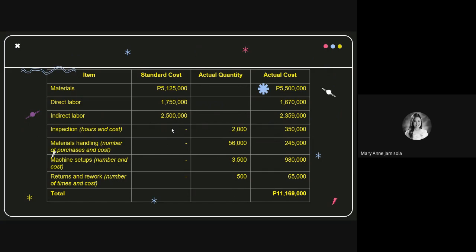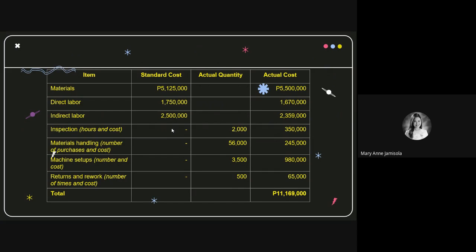This means that from the current unit cost of 446.76, we need to reduce our cost to what amount? 386.76 pesos.